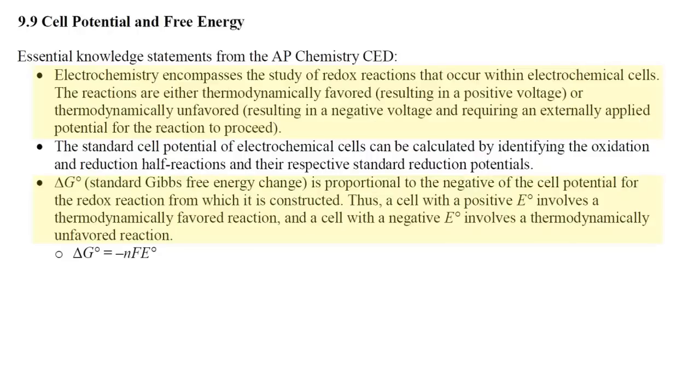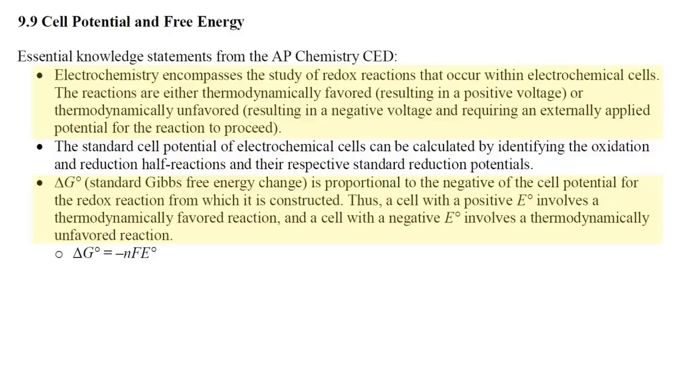So this is topic 9.9, cell potential and free energy, and I've highlighted a couple of the essential knowledge statements. Electrochemistry encompasses the study of redox reactions that occur within electrochemical cells. Now, the reactions are either thermodynamically favored, resulting in a positive voltage, or what we have here in this experiment, thermodynamically unfavored, resulting in a negative voltage and requiring an externally applied potential for the reaction to proceed.